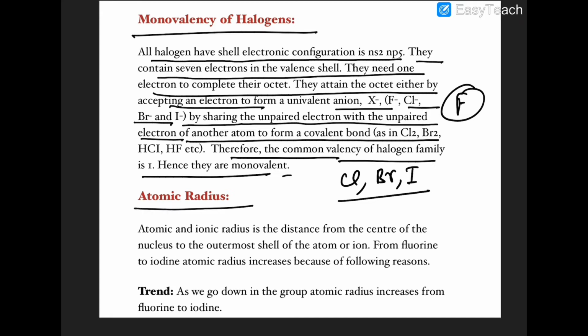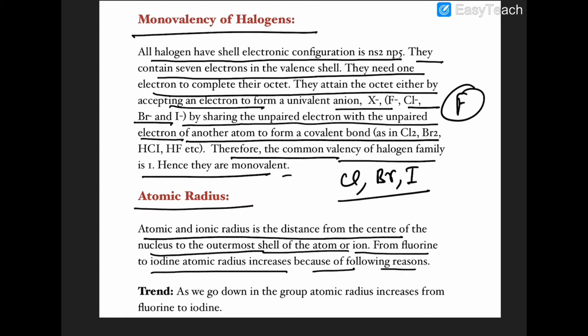So first of all, look at the atomic radii. The atomic and ionic radius is the distance from the center of the nucleus to the outermost shell of the atom. As we move down the group, the atomic size increases because of the addition of new quantum shells.